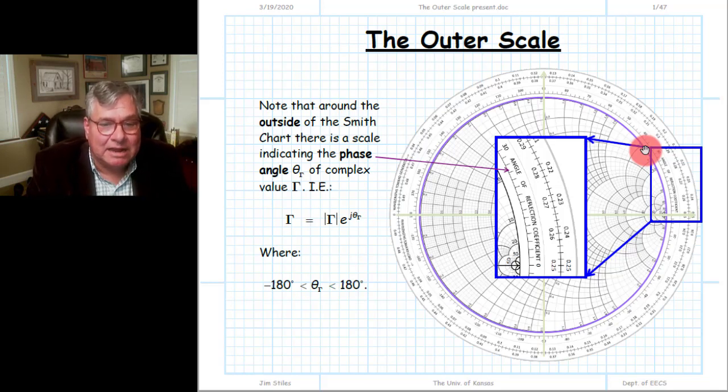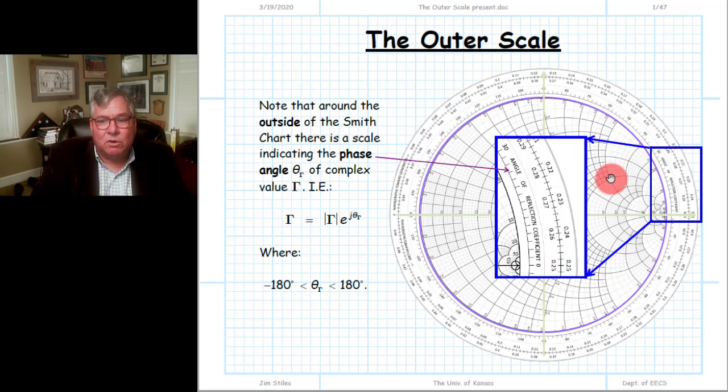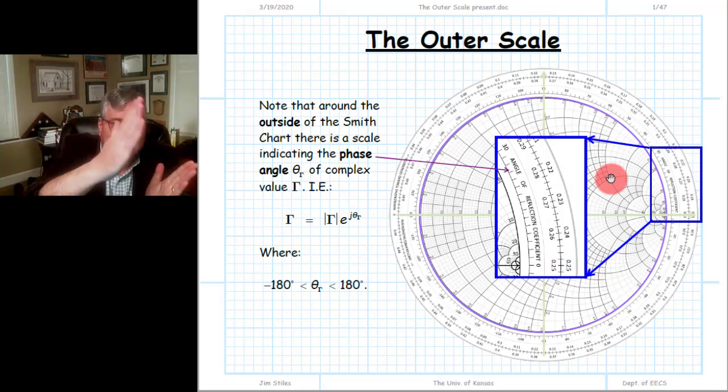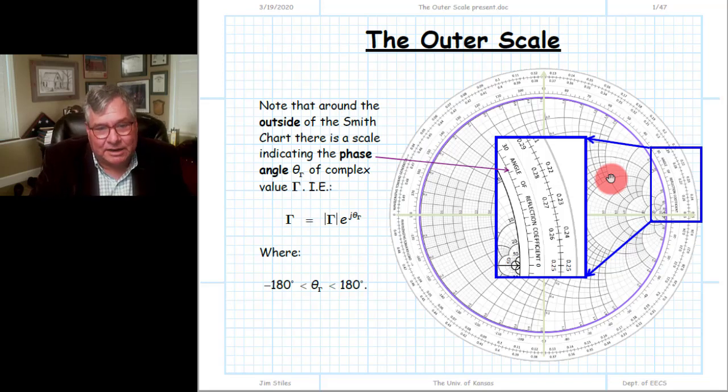And that is the actual angle of the reflection coefficient at the point located right about here. So we can take a point on the complex gamma plane and graphically determine the value of its phase by using this outer scale, striking a straight edge from the center out through the point to the outer scale and reading the angle where it crosses.